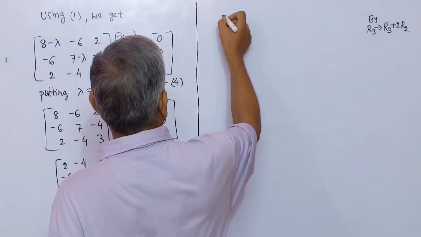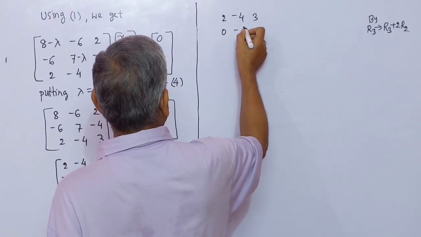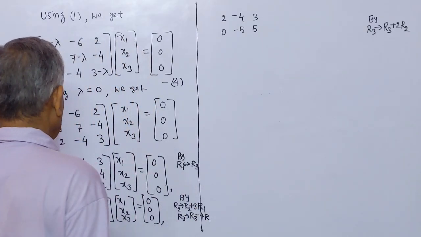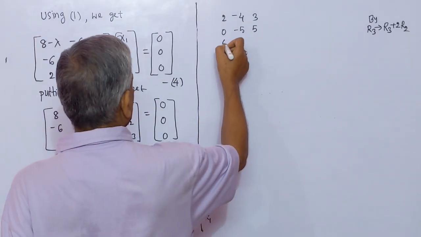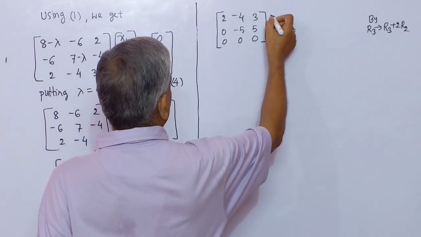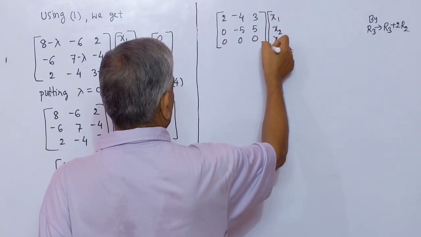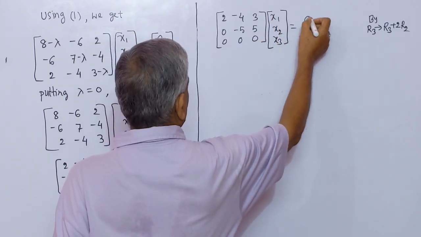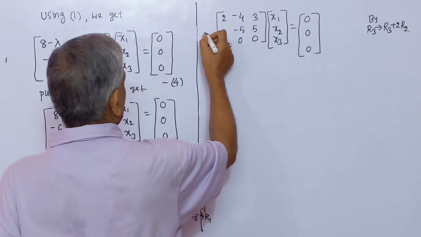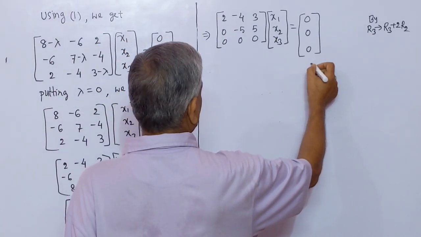Here left side [2, -4, 3; 0, -5, 5; 0, 0, 0] times [x1, x2, x3] equal to [0, 0, 0]. This is number 5.